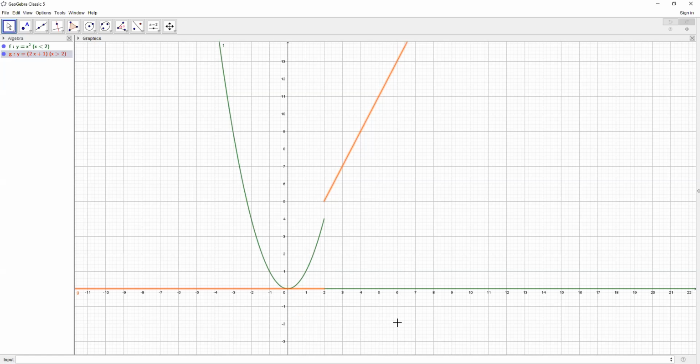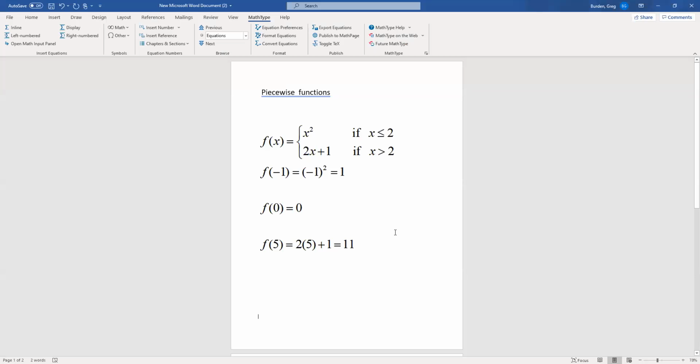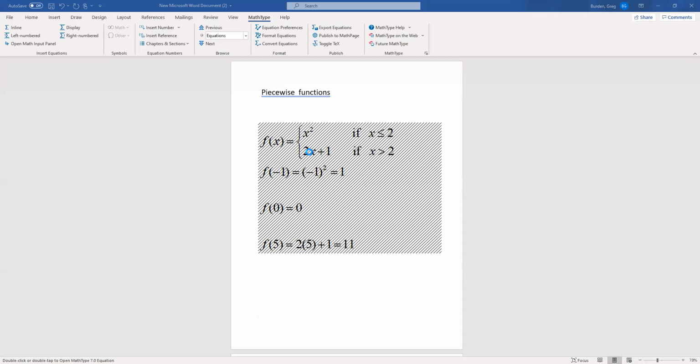So if we go back and look at the definition of the function again, we can see here that f of 2, I think I'll actually need to do a new share if I want to show that.